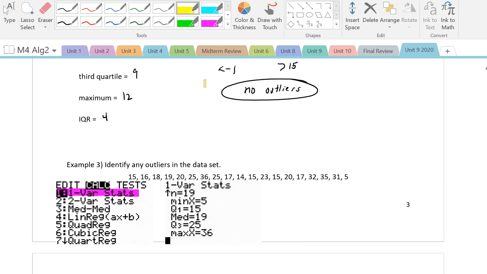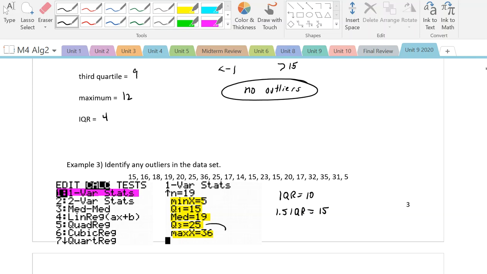So you have your min, your first quartile, median, third quartile, and max. Pretty snazzy. So if we're doing it from here, our interquartile range is 25 minus 15, which is 10. 1.5 times our IQR is going to be 15.